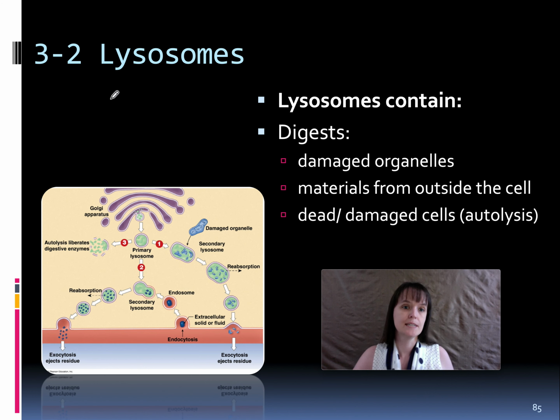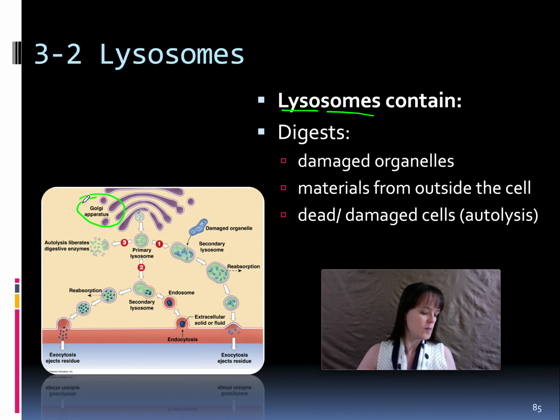Okay, gotcha. Lysosomes. So lyso is for lysis, it's a loosening of, and some is from soma, and that means body, so it's a digesting body. And what membranous organelle produces lysosomes? The Golgi body or Golgi apparatus. What do lysosomes contain?